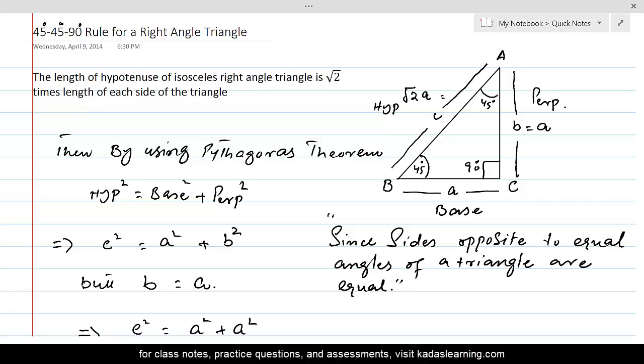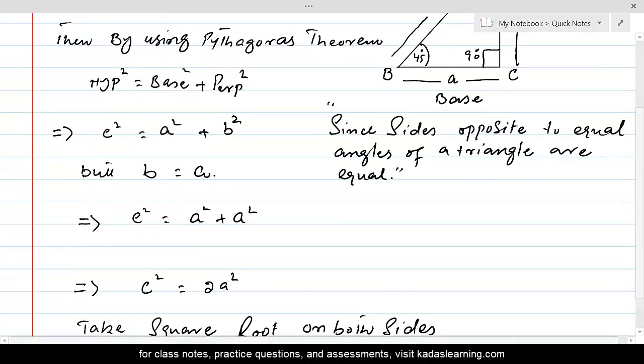So this in fact proves our result that the length of the hypotenuse of an isosceles right angle triangle is under root 2 times the length of each side of the triangle. Here the length of each side of the triangle was A, and the length of the hypotenuse is under root 2 times the length of the side of the triangle.